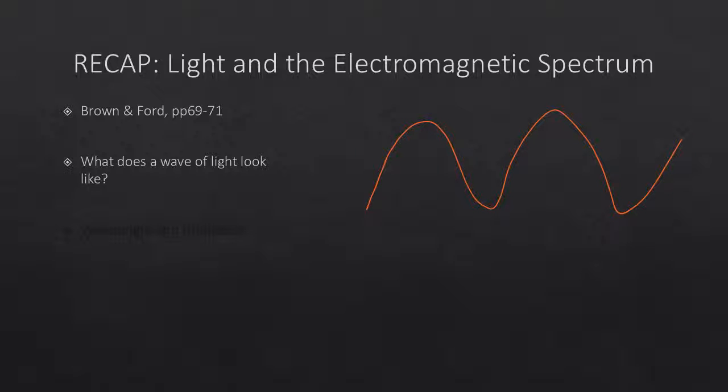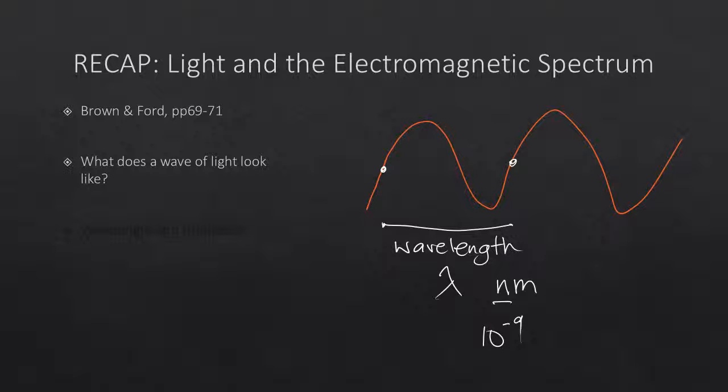We have our wavelength, which is this distance here. That's normally given the symbol lambda, and its units tend to be in nanometers. Remember, nano is 10 to the negative 9.